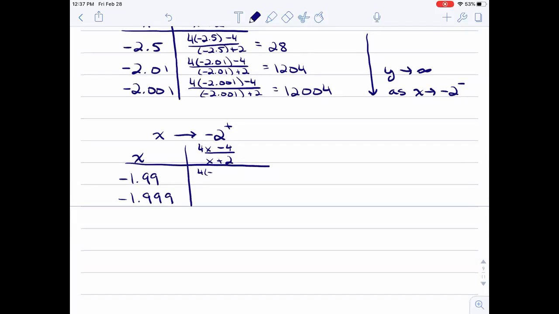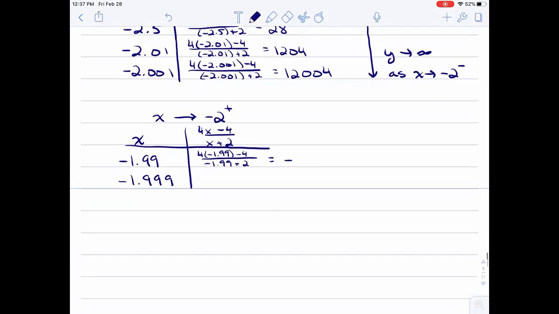Squeeze this in here. 4 times negative 1.99 minus 4 over negative 1.99 plus 2. Looks like negative 1196. Same thing.